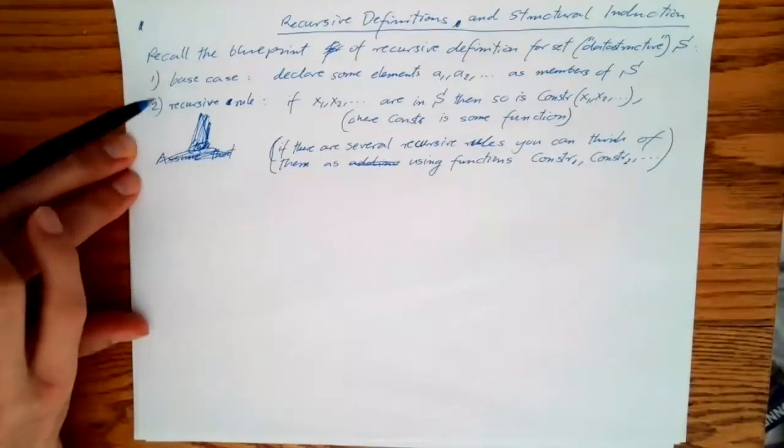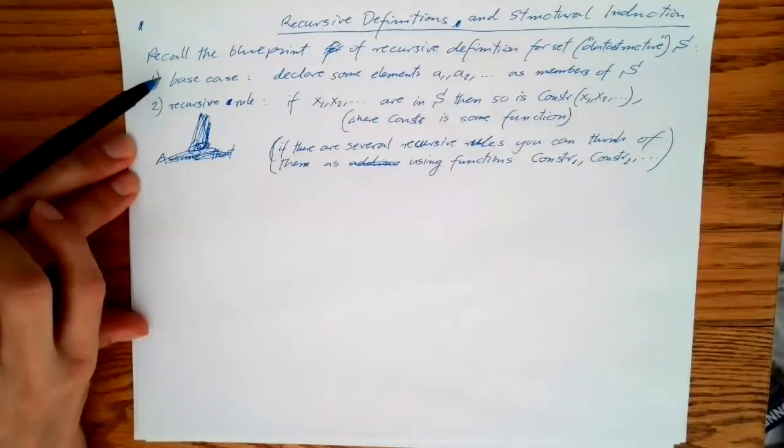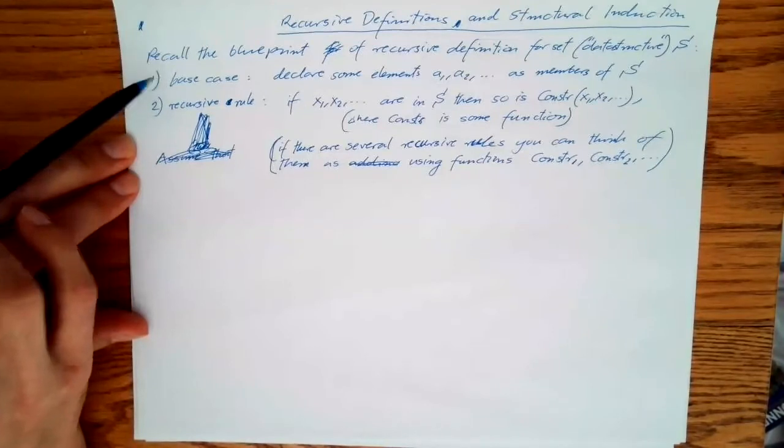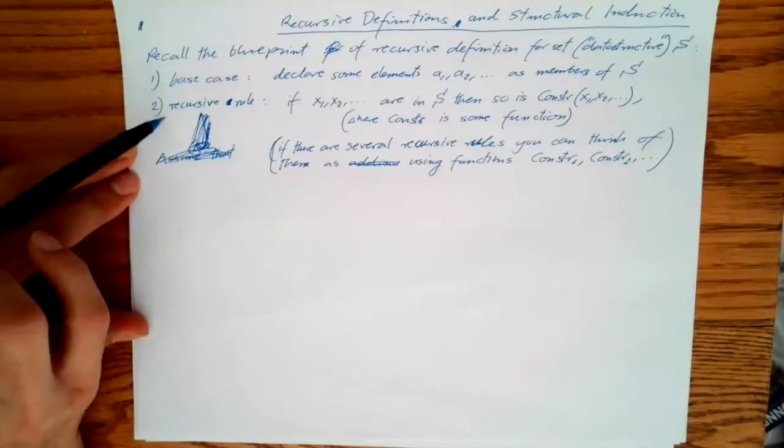Like all instances of recursion that we have seen in algorithms, in sequence definitions, recurrence relations, or in inductive proofs. You have a base case. So you declare some elements, let's call them A1, A2, A3, ... as members of the set. These are typically some sort of minimal atomic building blocks of this set, elements of set S.